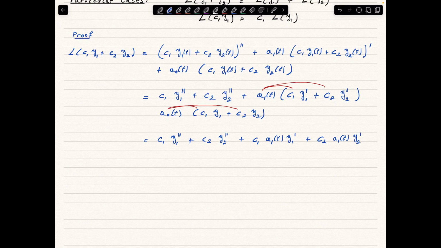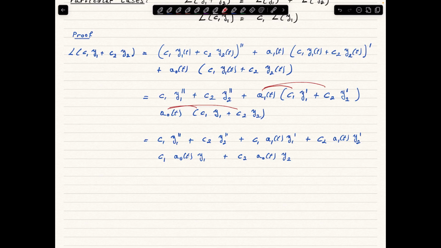And then in the last terms we have c1 multiplied by a0 of t y1, and then c2 a0 of t y2. Perfect. And now what we do is we pull common factor all the terms that have c1.